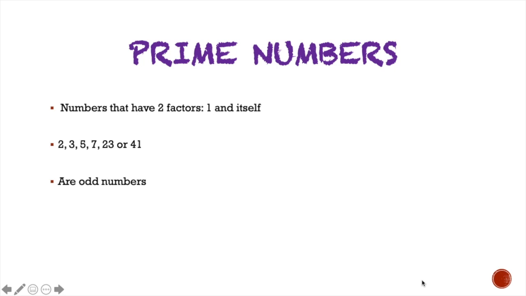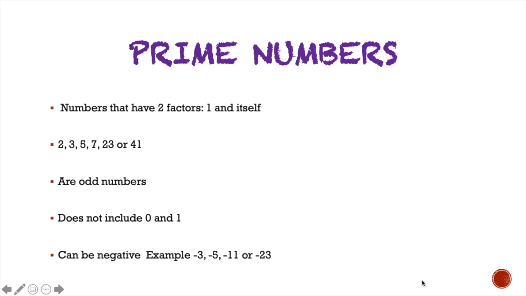I should mention that prime numbers are generally odd numbers. Also, the numbers 0 and 1 are not prime numbers, and prime numbers also include negative numbers. For example, negative 3, negative 5, negative 11, and negative 23 are all examples of prime numbers.